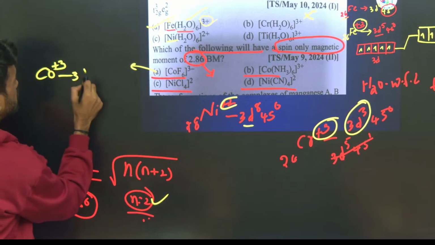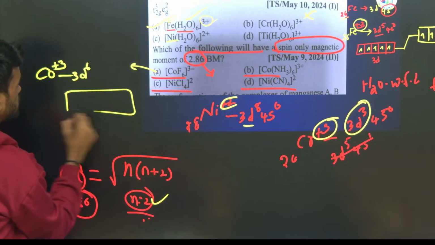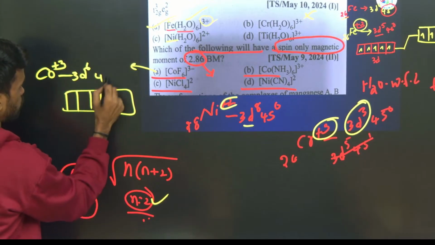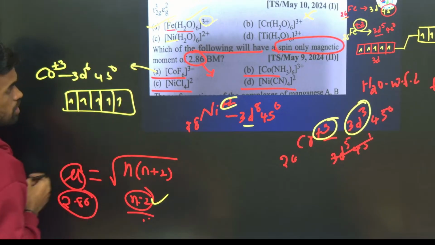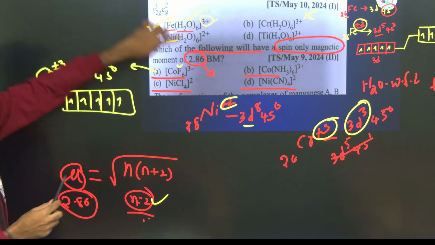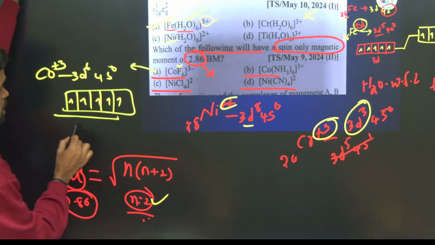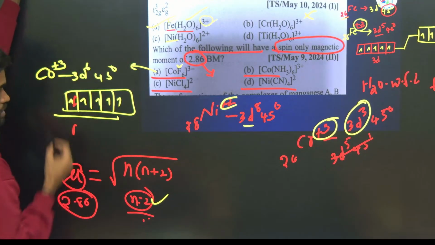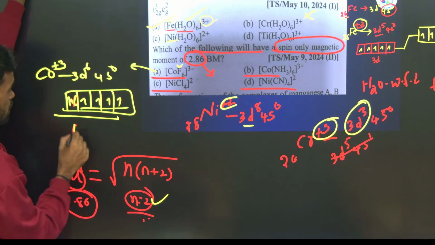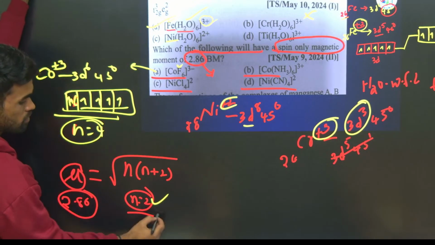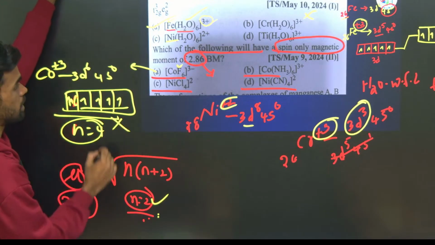So it is 3d6, 3d6 4s0. 1 2 3 4 5, 1 2 3 4 5 we have. This is a weak field ligand, so the electronic configuration stays as it is. How many unpaired electrons are there? n value is 4. But what we required? 2. So this is incorrect.